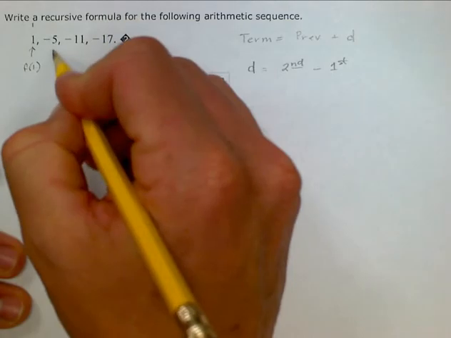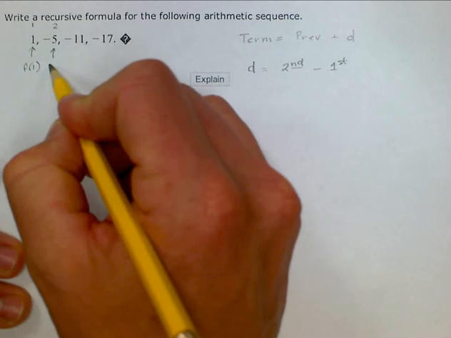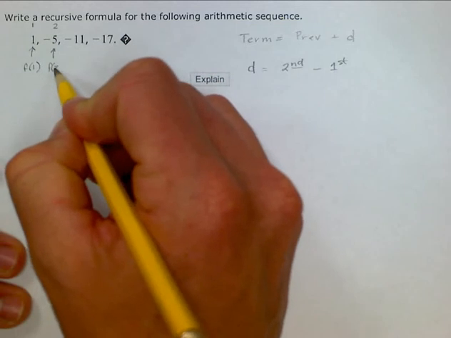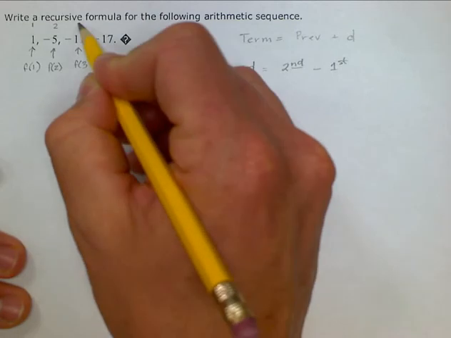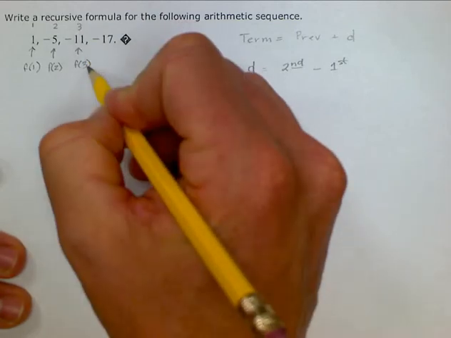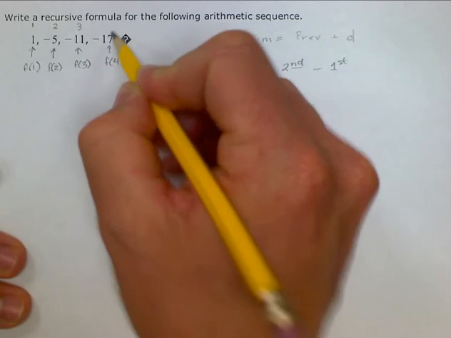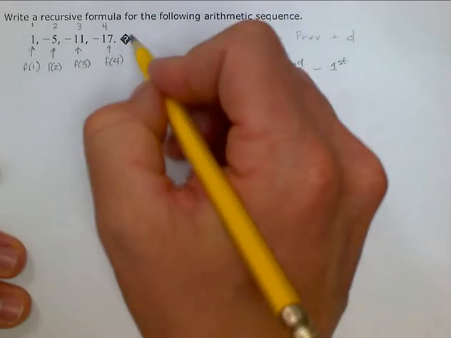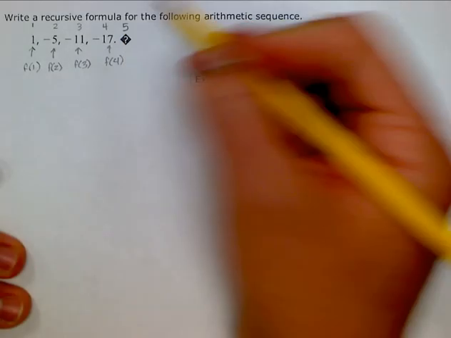And here, our second term, or -5, is our output when we input 2. And so on. f of 3, or our third term, and f of 4, or our fourth term. And we're not sure what our fifth term is, though it doesn't ask for it.